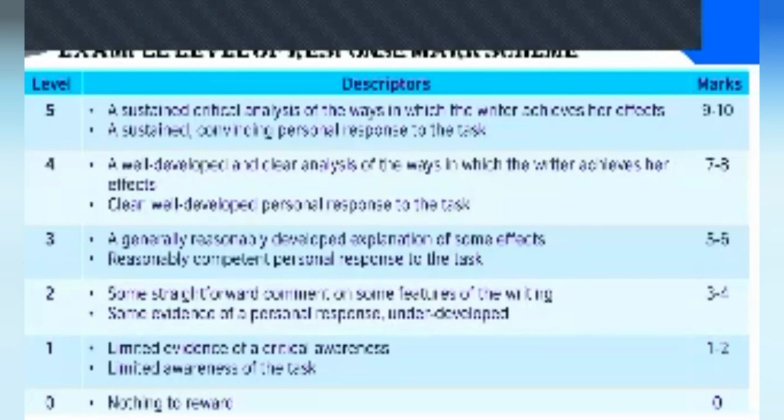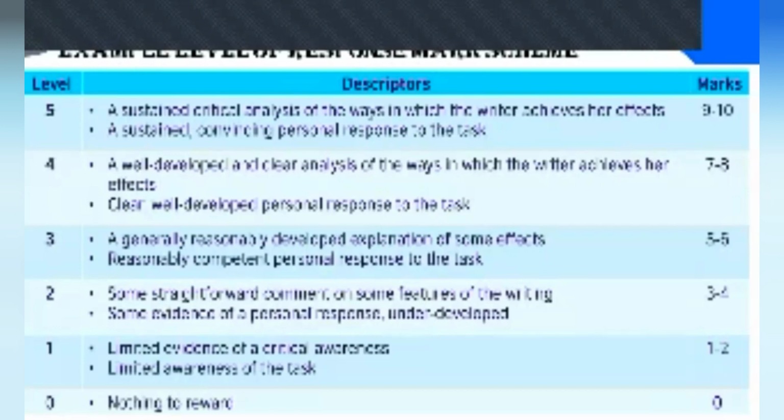Next level: well-developed and clear analysis of the ways in which the writer achieves her effects. Clear, well-developed personal response to the task. So here the marks to be awarded are 7 to 8. Third one: a generally reasonably developed explanation of some effects. Reasonably competent personal response to the task. That is 5 to 6 marks.